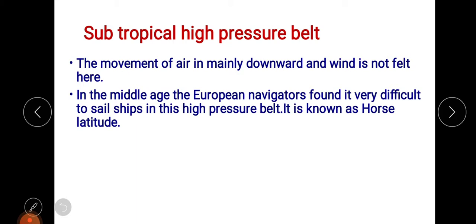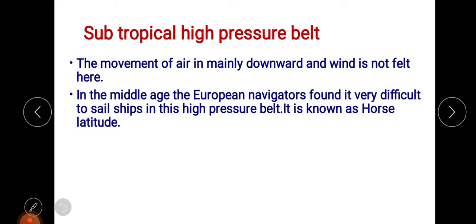Then there are the subtropical high pressure belts. There are two subtropical high pressure belts. Now you see, in this equatorial region the air is warm, and warm air rises upward and comes towards the subtropical high pressure belt. Gradually, when this warm air rises up, it becomes cold.